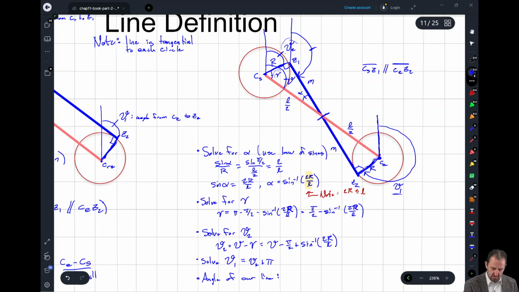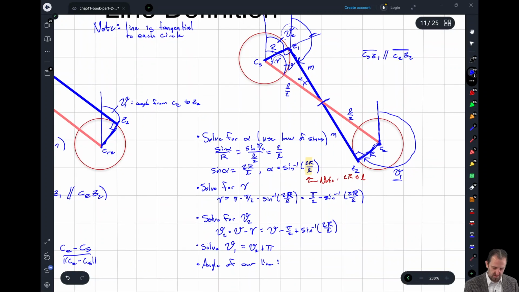This guy would just be equal to, if we look at var theta 2, right? Var theta 2 points along this direction, right, from CE to Z1. Well, this angle that points along the line is just var theta 2, and we're going to add pi halves to it for this circle. So it's just going to be equal to var theta 2 plus pi halves.